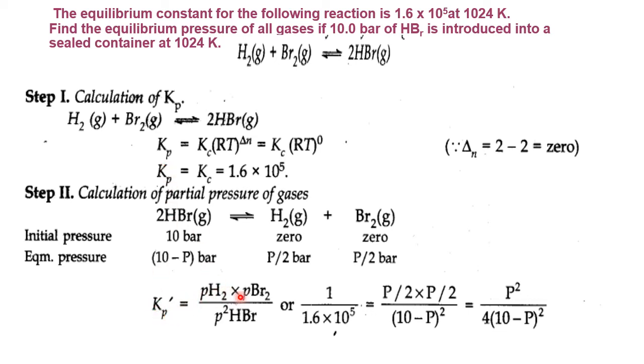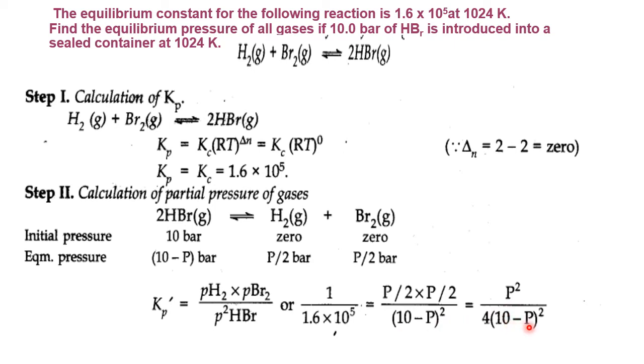So Kp prime equal to product by the reactant. What is the Kp prime value? Inverse of Kp. So the inverse of Kp is 1 by 1.6 into 10 to the power 5, equal to the partial pressures of the product by the reactant, that is equal to P square by 4 into (10 minus P) whole square.